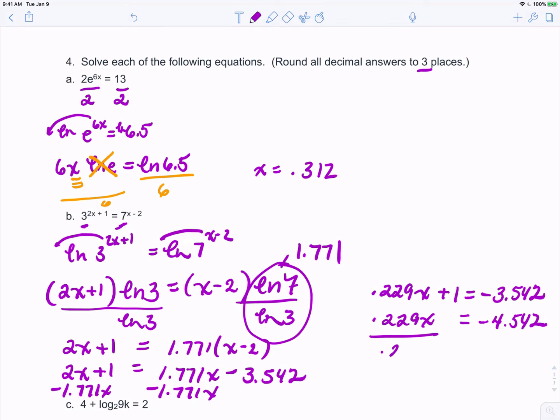And then the finishing touch is to divide both sides by 0.229. So for that problem, negative 4.542 divided by 0.229 gives us an answer of x equal to negative 19.834.